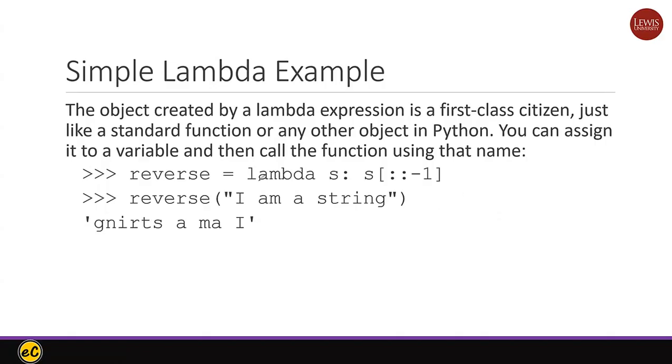So if you assign this one to a name, you get the reverse function. Okay. So this one is a function without a name, but you can assign it to an object. So this one is a function, is an object, and this function will reverse the data.